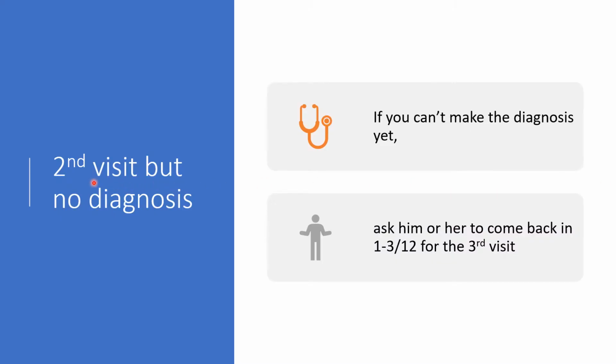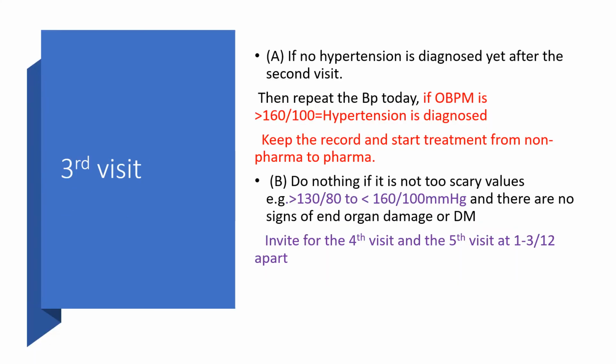Now, second visit, but no diagnosis. If you can't make the diagnosis yet, ask him or her to come back in 1 to 3 months for the third visit. Now, the third visit. If no hypertension is diagnosed yet after the second visit, then repeat the blood pressure today. If office blood pressure is greater than 160/100, then hypertension can be conveniently diagnosed today. We will keep the record and start treatment from non-pharmacological to pharmacological.